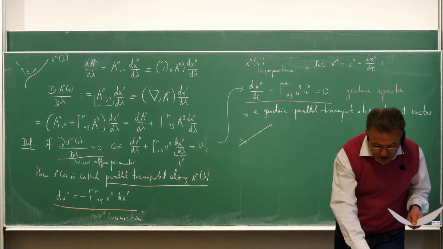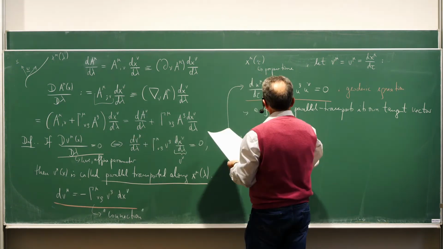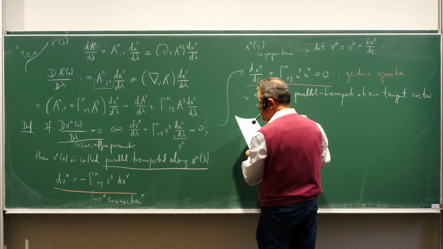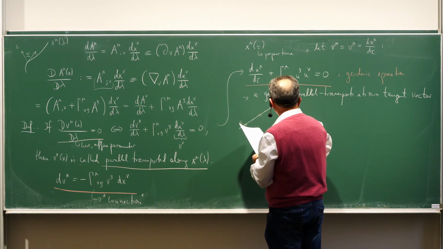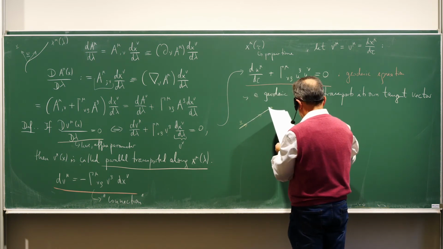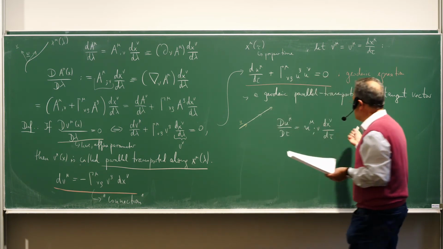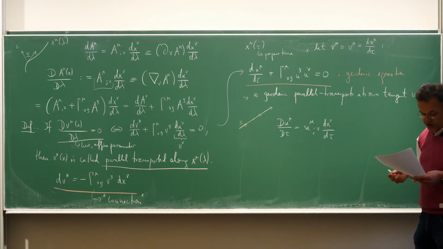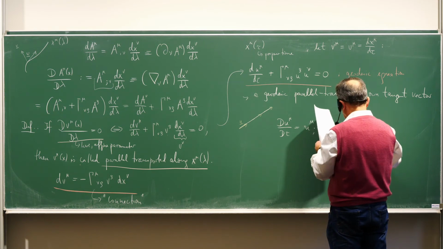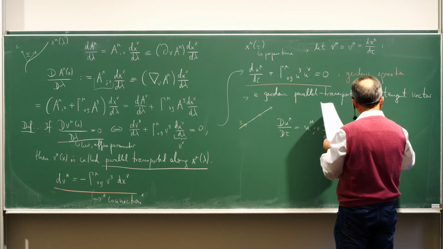Now we can also write this again with the directional derivative, which is sometimes also called the absolute derivative. Du^mu over d tau is u^mu semicolon nu times dx^nu over d tau. So these are equivalent ways to write the geodesic equation. You can also use the nabla symbol. You find all these ways of writing in the literature.